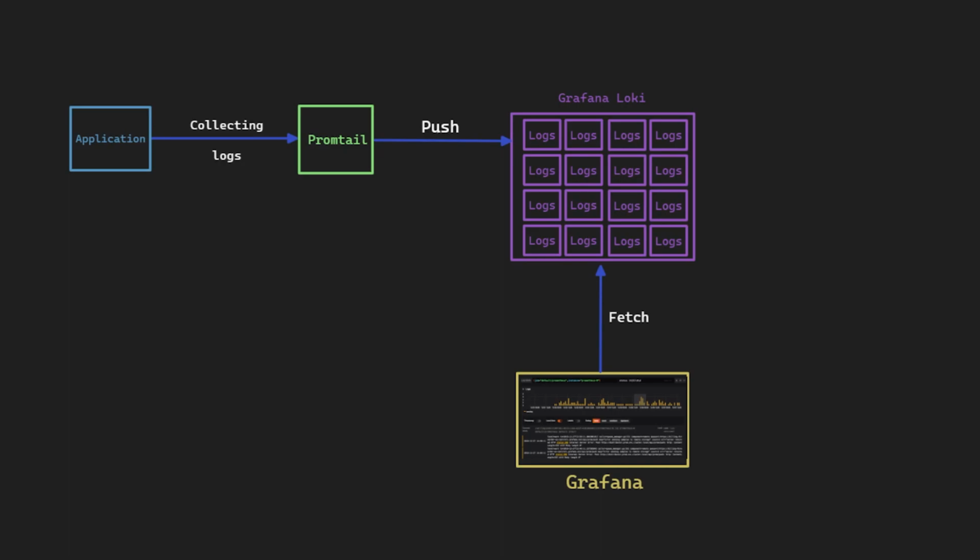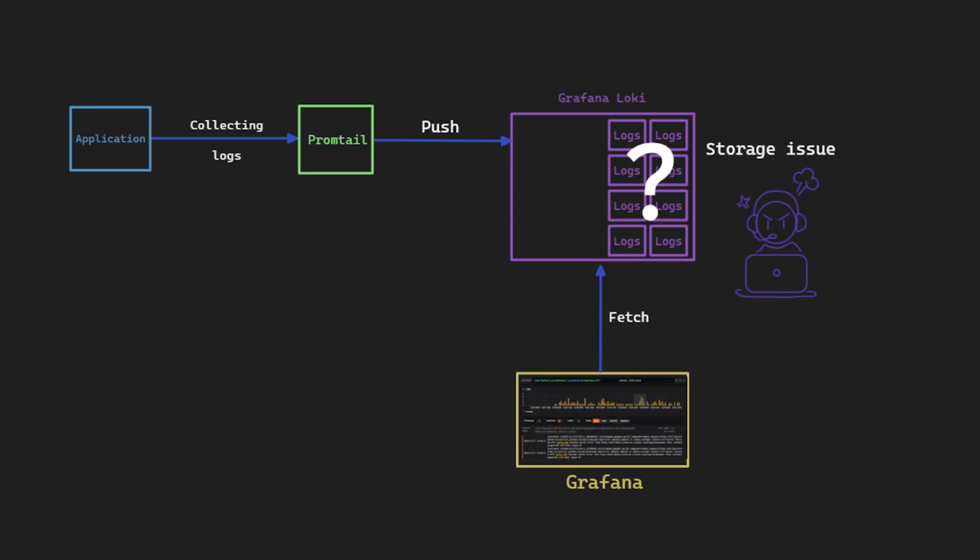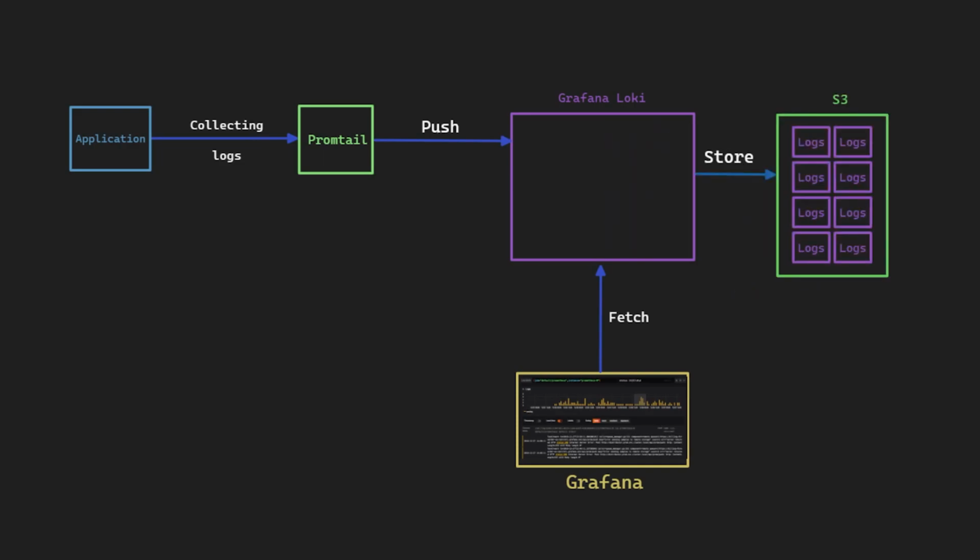If the solution is for a short period, you will have to migrate all the logs from one place to another, and you will face a storage issue. That's why you want a dynamic option where you can store your logs. In the case of AWS, you can use S3 as the storage for Grafana Loki, and Grafana Loki provides a direct option to store all the logs directly into S3.